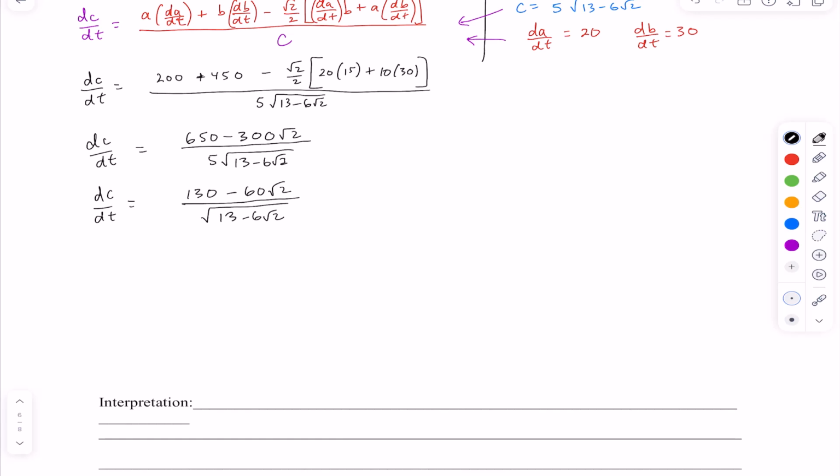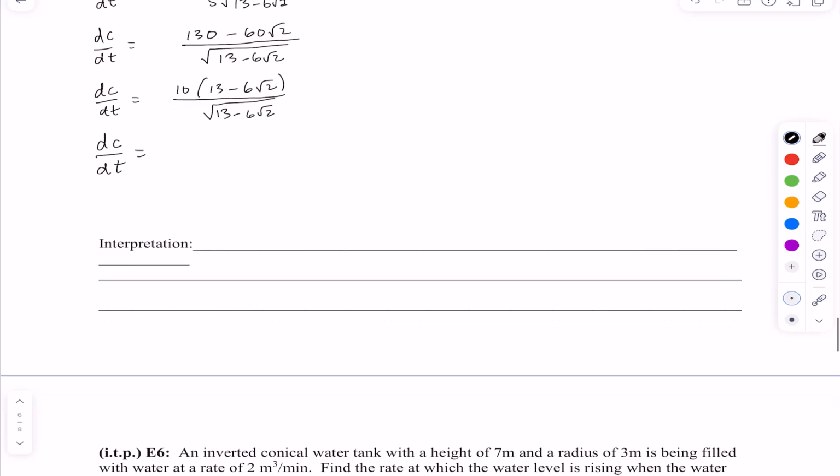You might realize there's a pattern going on, and that simplifies as well. That's a very nice pattern to see. We actually know that the derivative of c with respect to t is simply going to be this expression here.